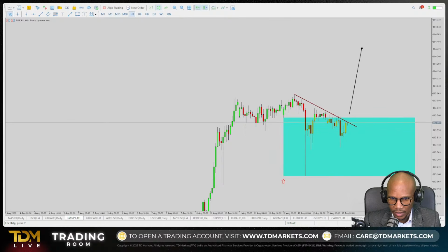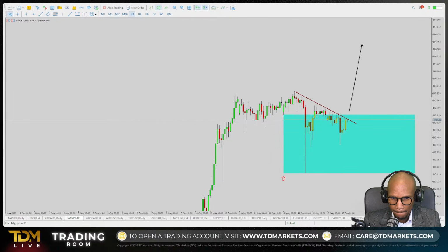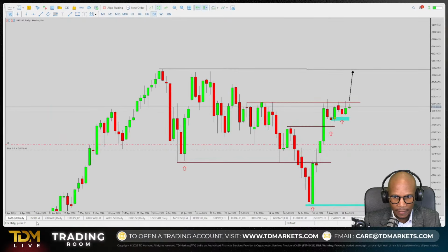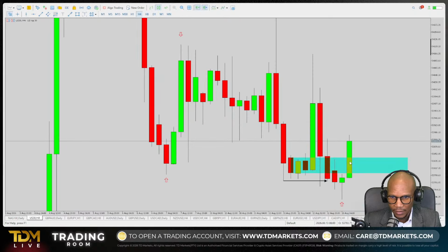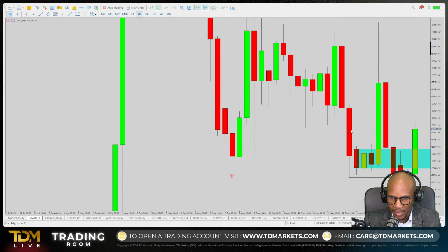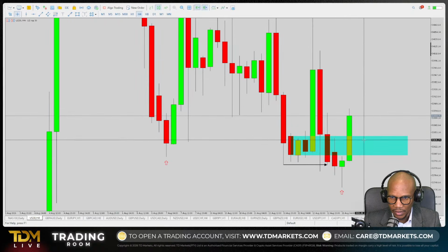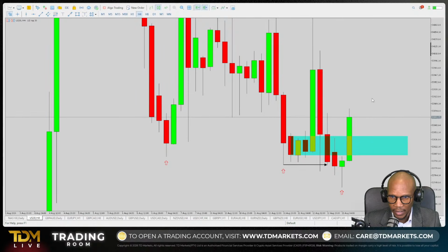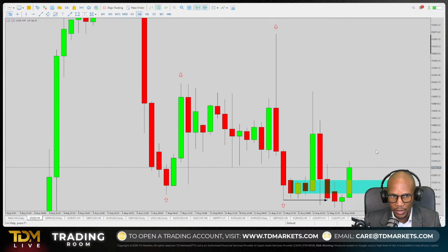Nothing has changed. So we've got the commodities, we've got the yen pairs, we've got the indices. Really looking at this NASDAQ, US 30, really looking at this US 30. Once it forms, looking at where it's coming from, we're likely going to get a nice move towards the upside.